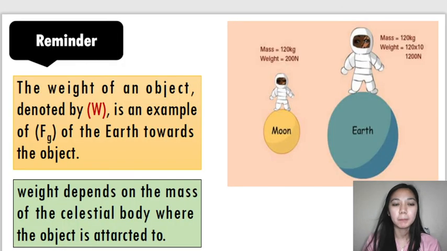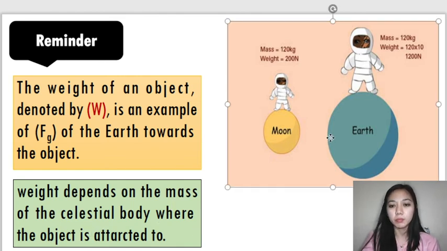Okay? Reminder also, the weight of an object denoted by capital letter W is an example of a gravitational pull of the earth towards the object. And the weight depends on the mass of the celestial body where the object is attracted to. So, for example, dito, yung iyong mass sa Earth and yung mass sa Moon, i-compare natin, no?